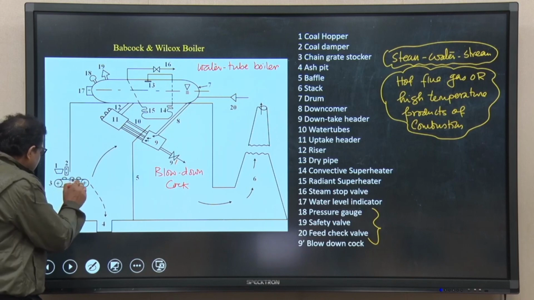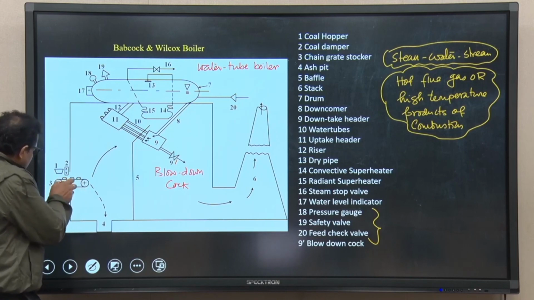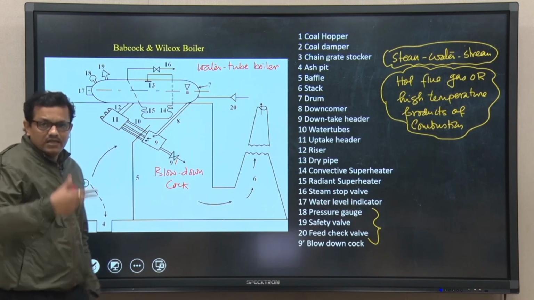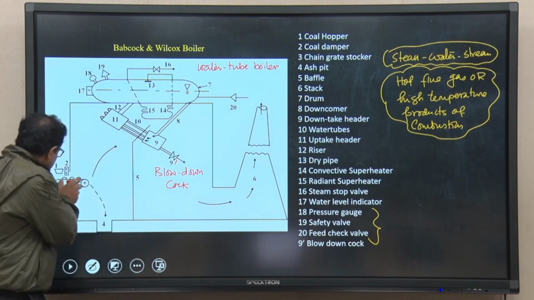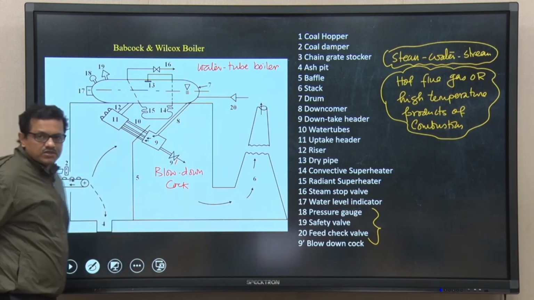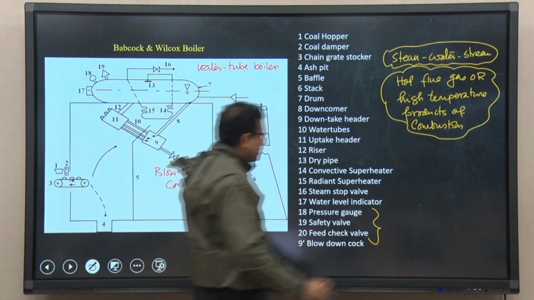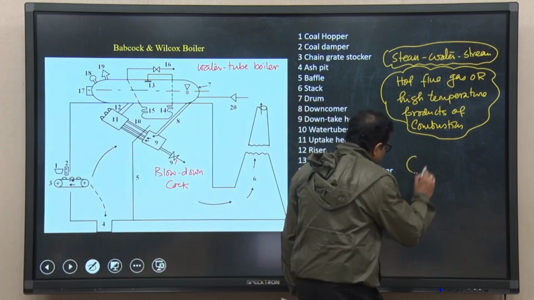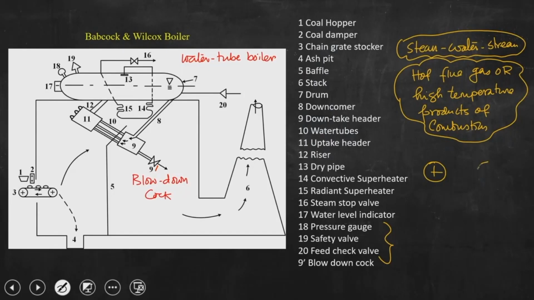So, these are 3 and 4. There are two different pulleys through which this chain grate stoker moves continuously. So, as if there are two pulleys and the chain is continuously moving like this, right.